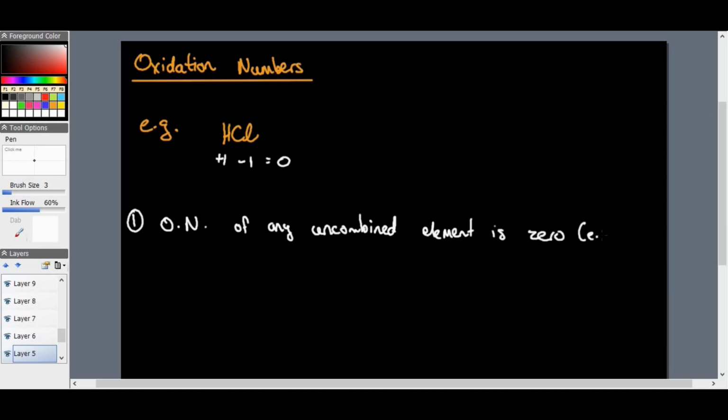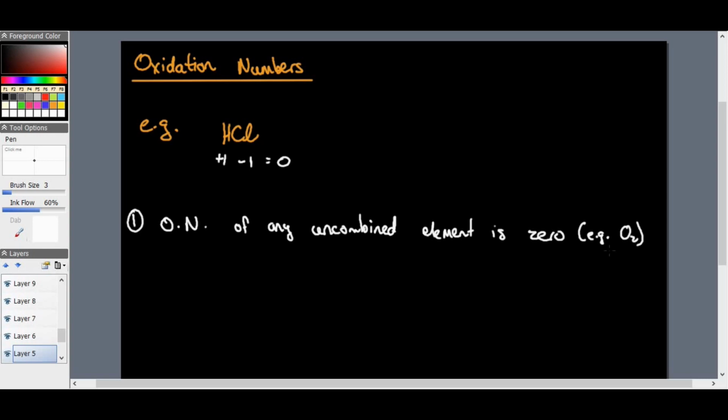Example, O2, right? 0. O2 is uncombined with any other element, it's combined with itself. It's 0.